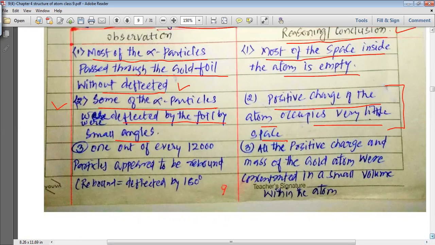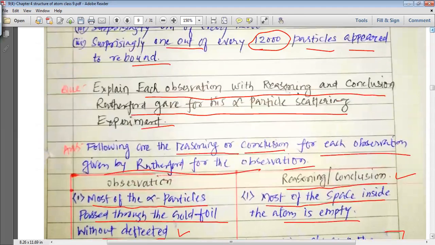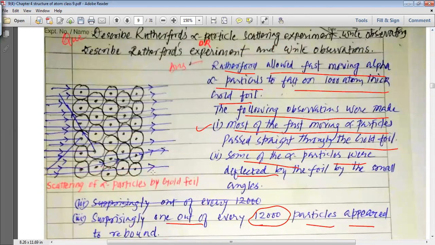Then we have the third observation. 1 out of 12,000 particles appeared to rebound. Rebound means deflected by 180 degrees. So all the positive charge and mass of the gold atom were concentrated in a small volume within the atom. My dear students, the scientists observed that only a very few of them come back in the same direction as they have gone.